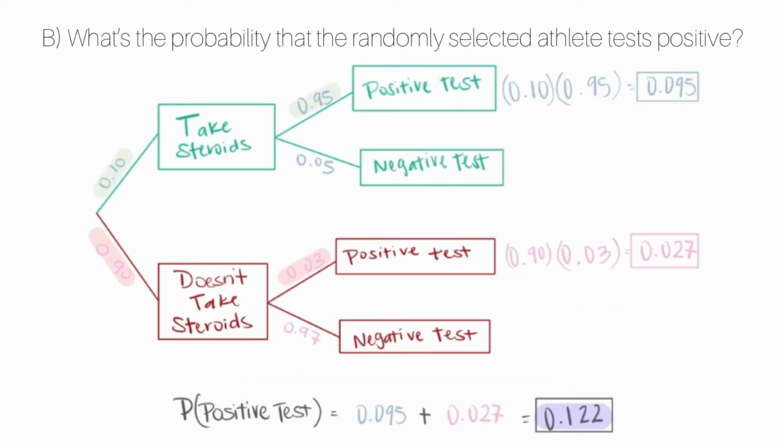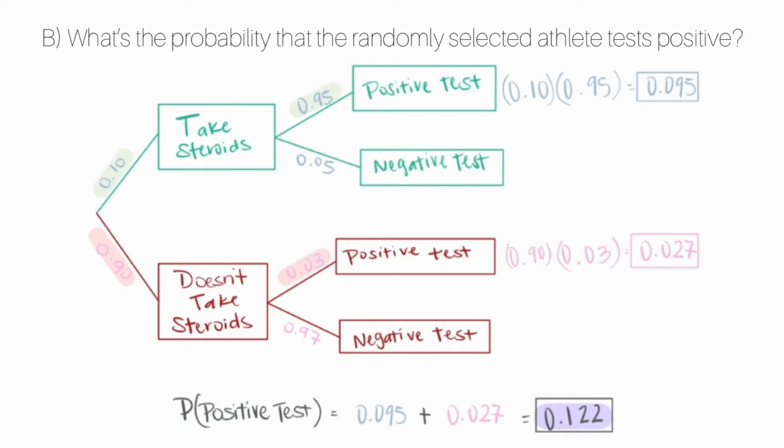Part B. What's the probability that the randomly selected athlete tests positive? There are two ways the athletes can test positive: by taking steroids or not taking steroids. So the 10% that took steroids tested 95% positive, in which you should multiply 10% and 95%, and the product of that is 0.095.